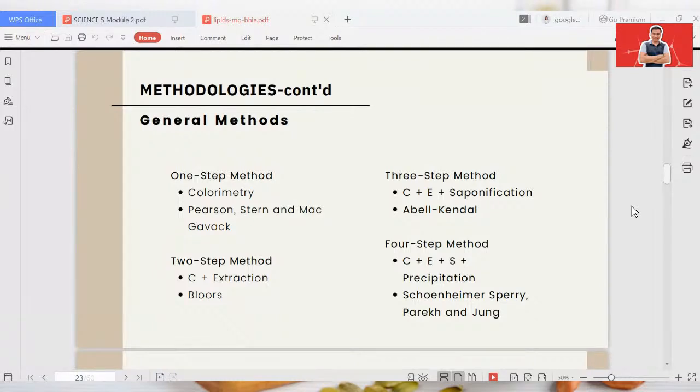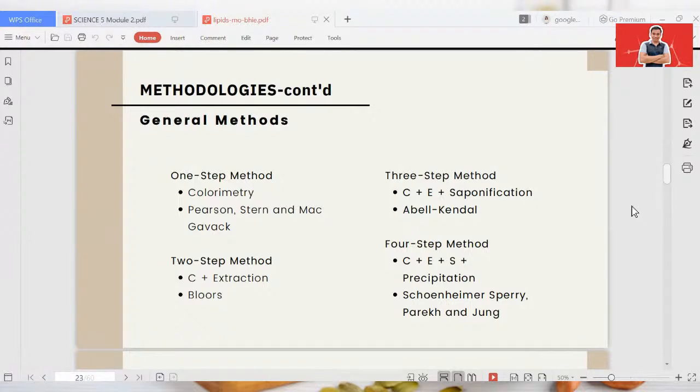So next, we have the general methods. First is the single-step method that uses colorimetry. In this method, the colorimetric reaction is performed directly on serum or plasma.